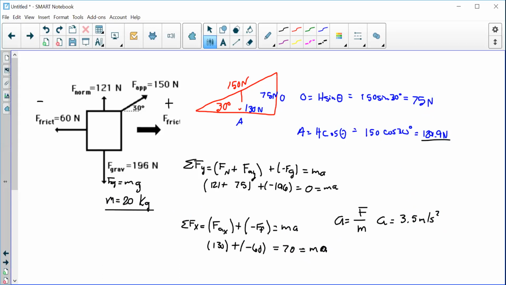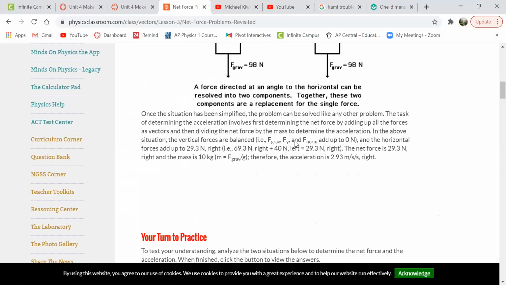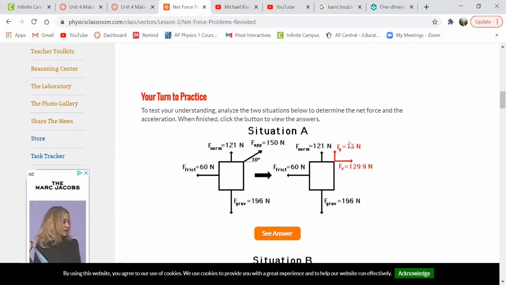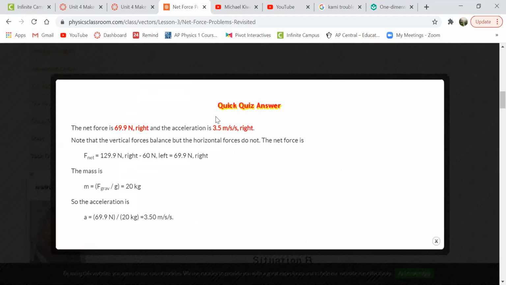So let's go check our answer. We split our forces correctly: we've got 75 up, 129.9 to the right. Let's see that answer. We got 69.9 to the right, and 69.9 divided by 20 is 3.5.